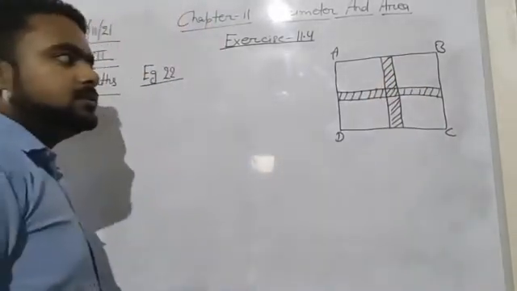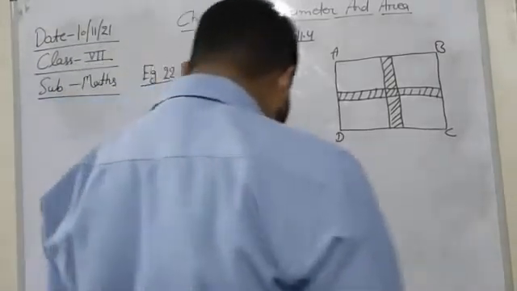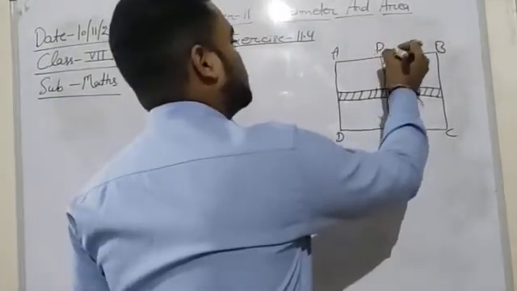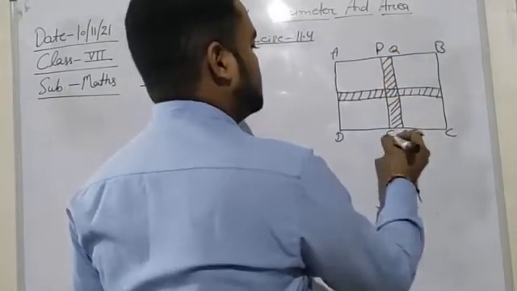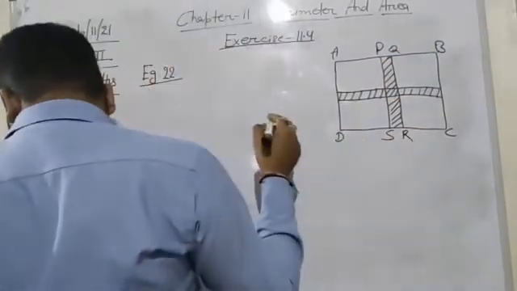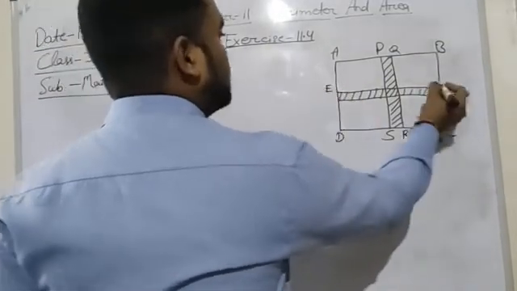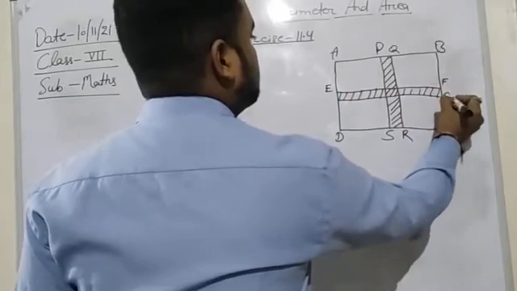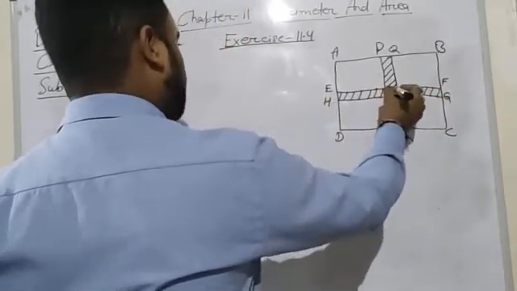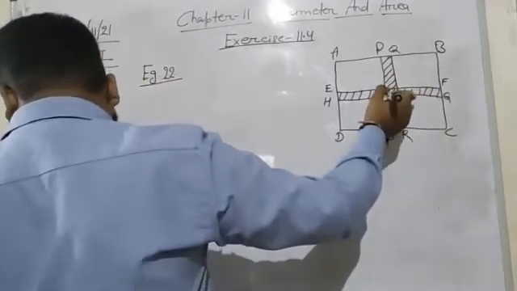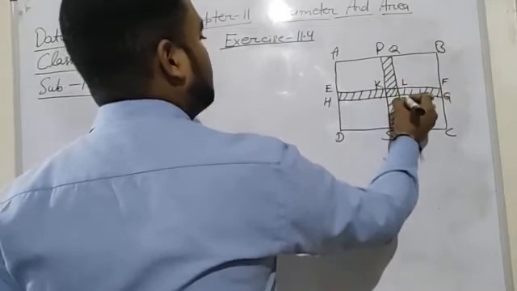Name it as PQRS, and here EFGH, and there is a square in between at the crossing of the path. Name it as KLMN.